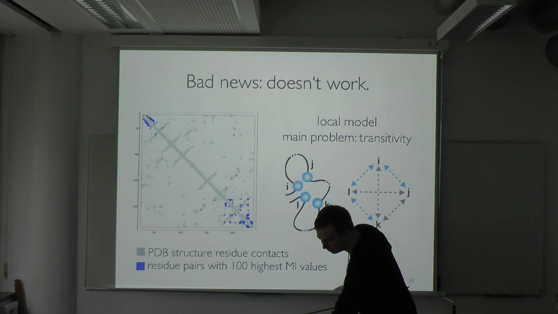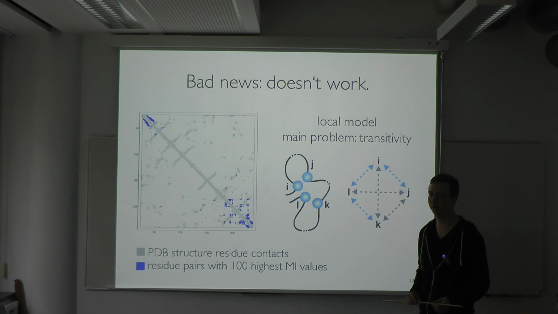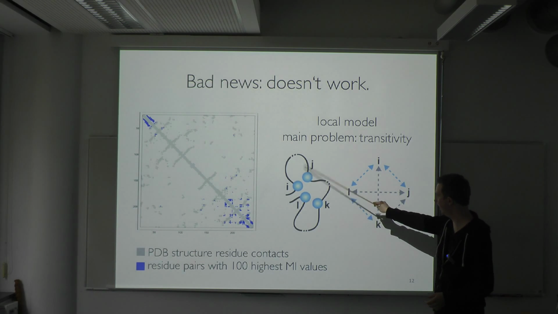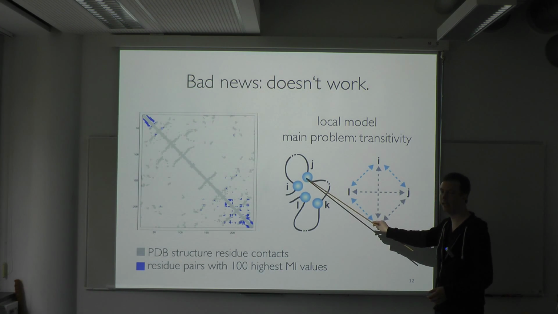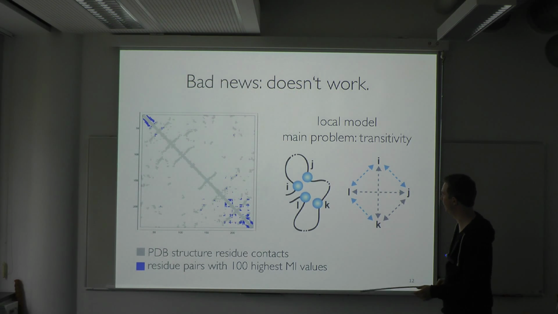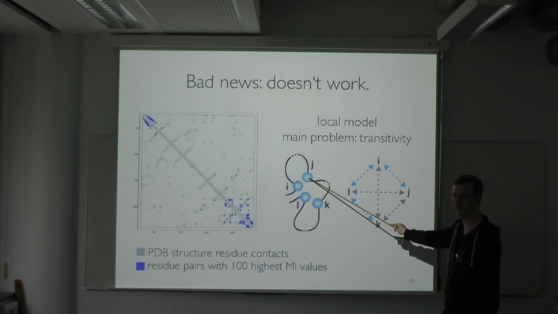So what's the reason it doesn't work? The main reason is transitivity, and what that means you'll see here. This is again a protein, but now I'm highlighting more than 2 residues. We have 4 residues, I, J, L, and K. Let's say this residue J changes, and that destabilizes the protein, or it loses its function.